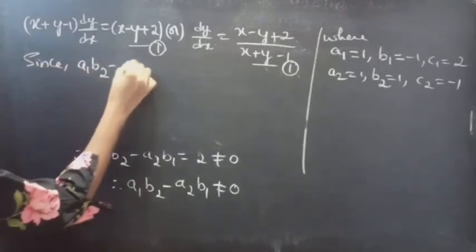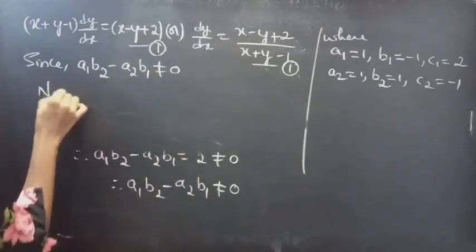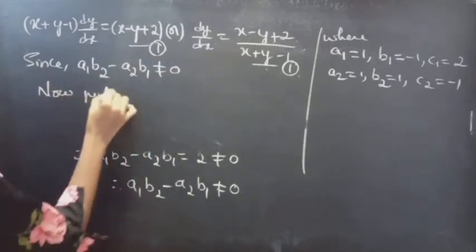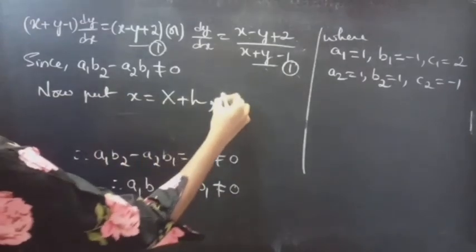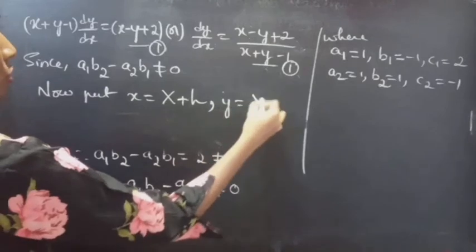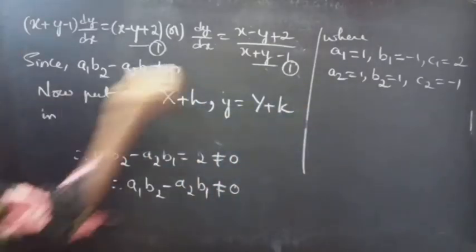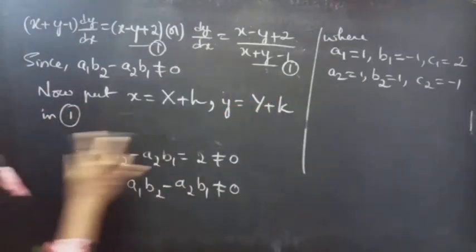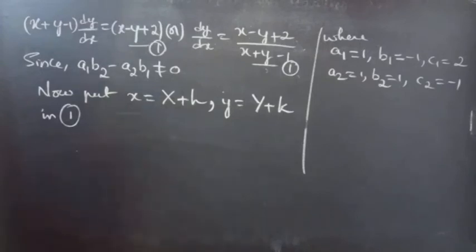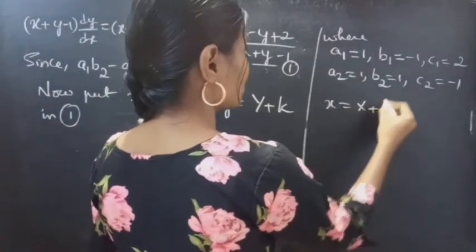Since a1b2 - a2b1 is not equal to 0, now put x = X + h and y = Y + k in equation 1. So you're having x = X + h.